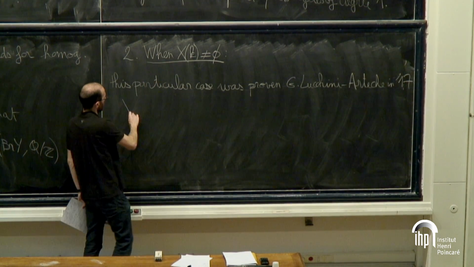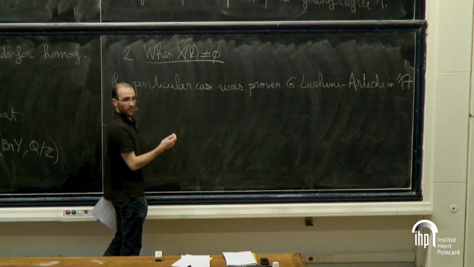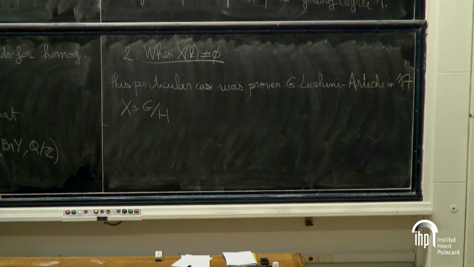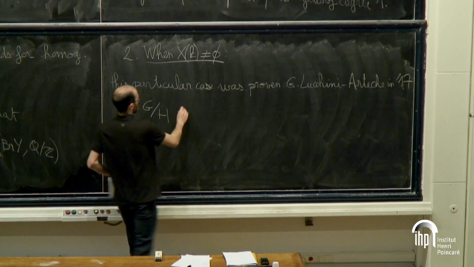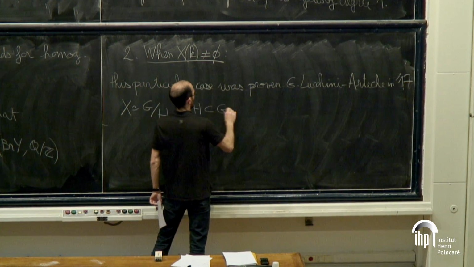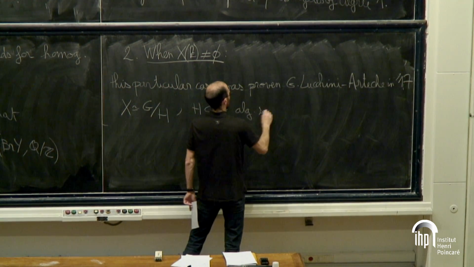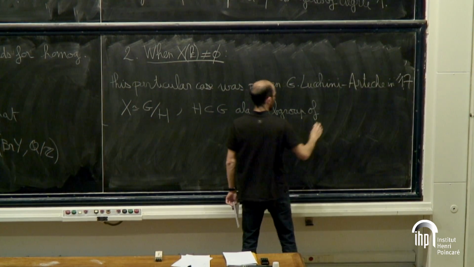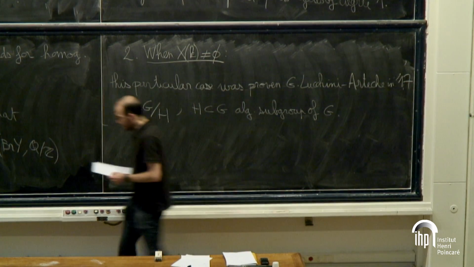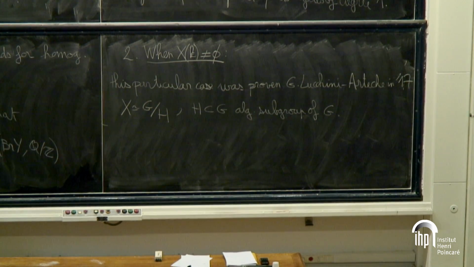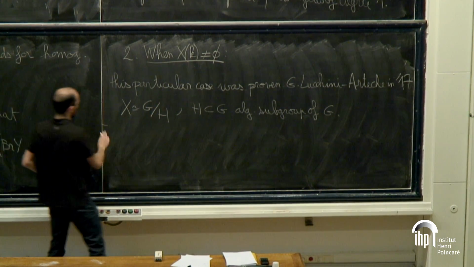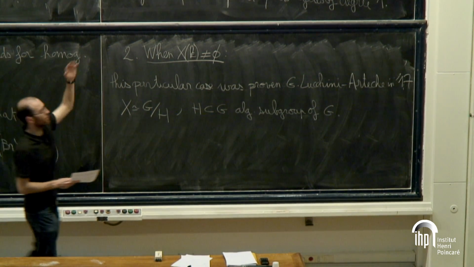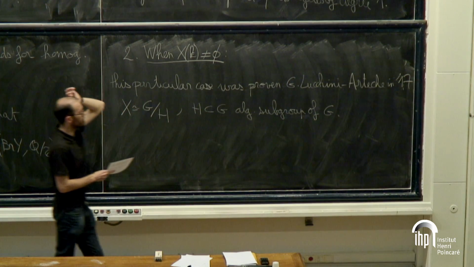So in this case, of course, you can fix a point. So X is isomorphic over K to a quotient G mod H, okay? Where H is an algebraic subgroup of G over K. And the idea is to, because I didn't mention it, but in fact, the statement of theorem 1 is a bit more precise.